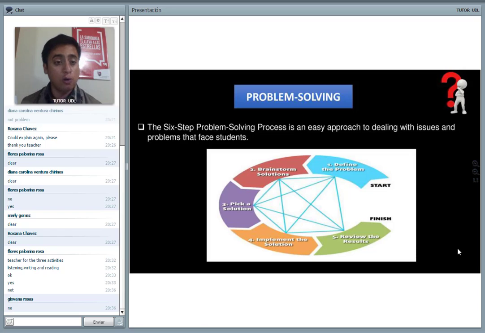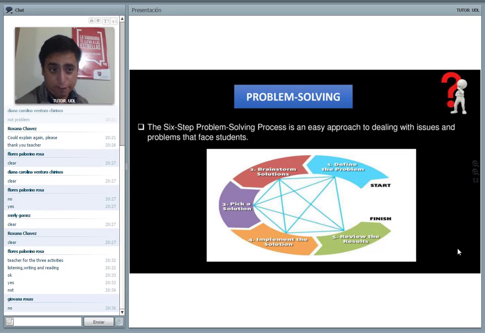First, you have to show the problem. Then the students have to work in groups and bring different ideas about possible solutions. After that, they have to choose the best one. Then they have to improve it. Maybe they need to include something else.